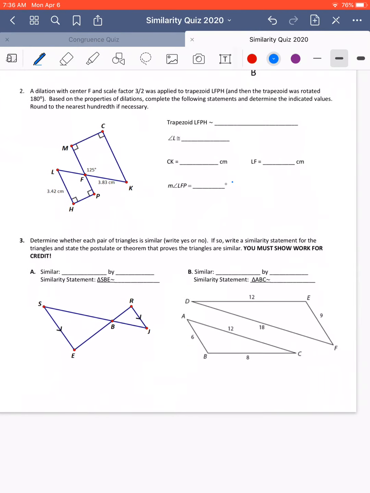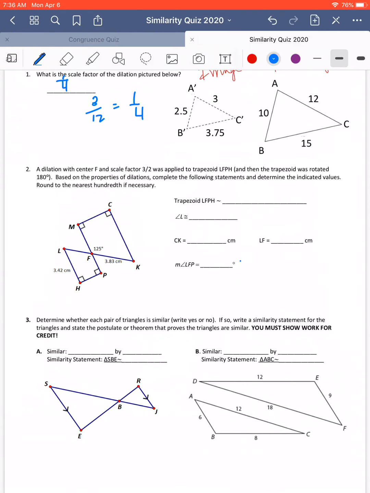On number 2, it says a dilation with center F and a scale factor of 3/2. That means the image is getting bigger. So the smaller trapezoid, which it doesn't really look like a trapezoid to me, but I guess it is, is the pre-image, and the bigger trapezoid is the image.